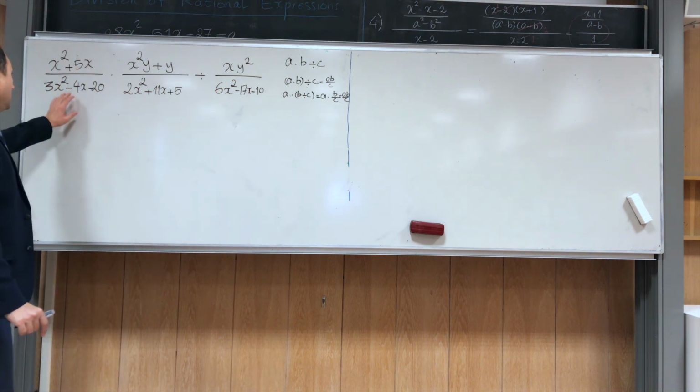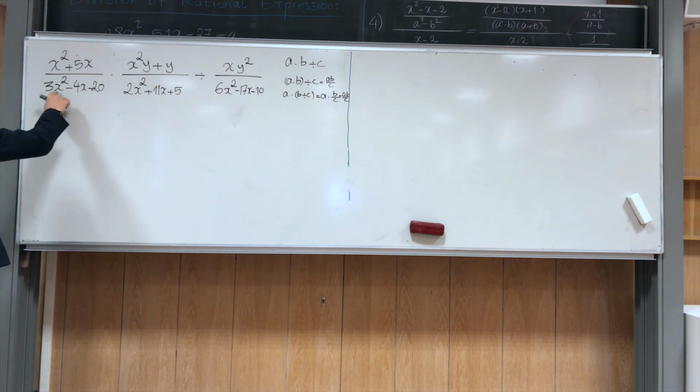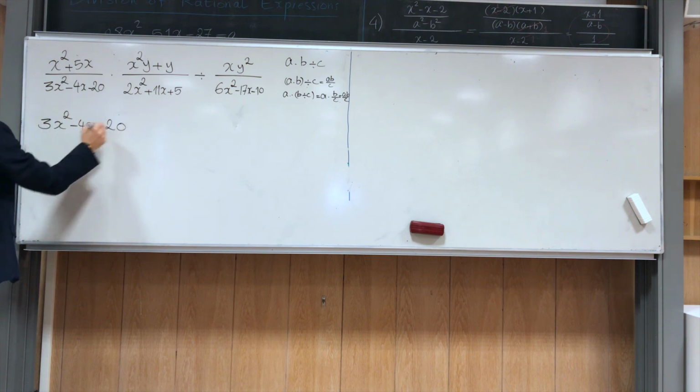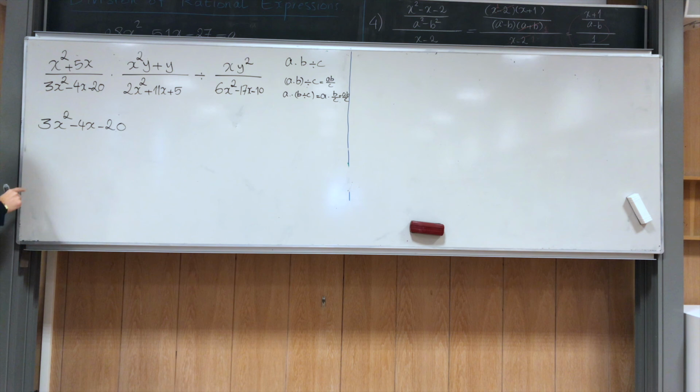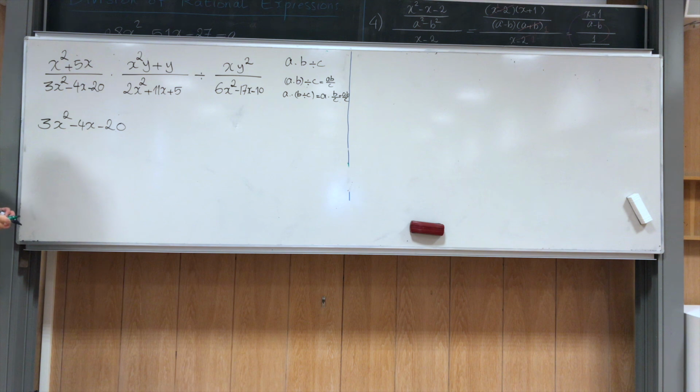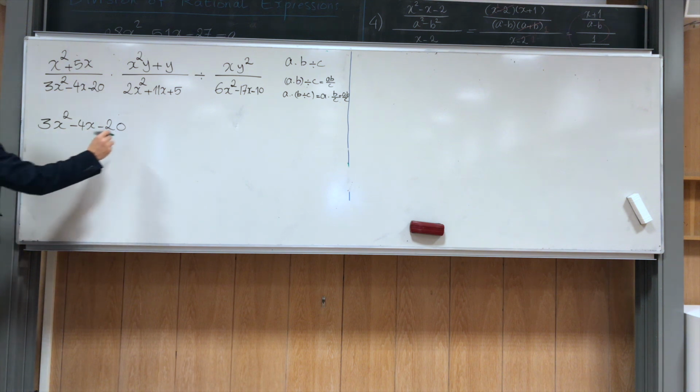Yes, so I want to factorize this. So let us do this one by one. I think these numbers are not that big. We can actually somehow find the numbers. Yes, so you see there is a 3 here. You know the trick. I ask myself that I need two numbers whose product is the product of these two, which is minus 60.